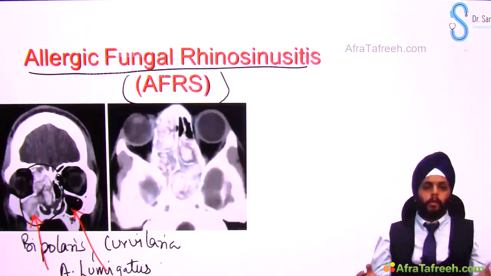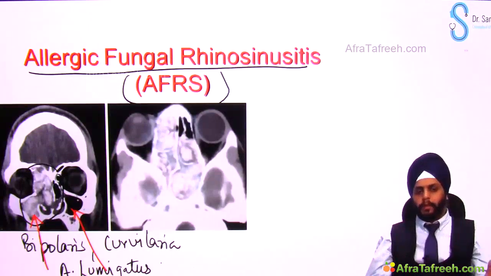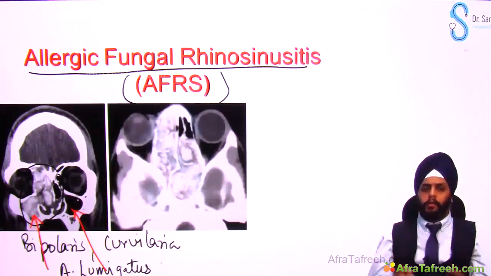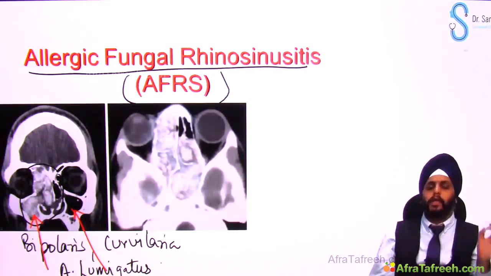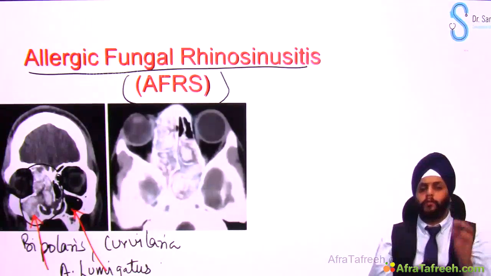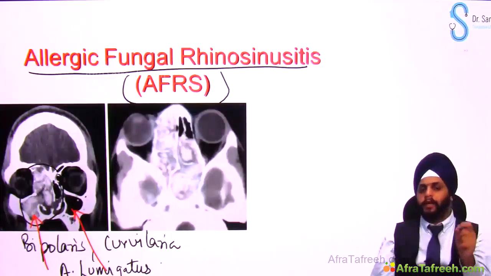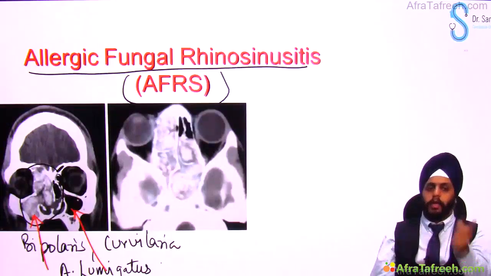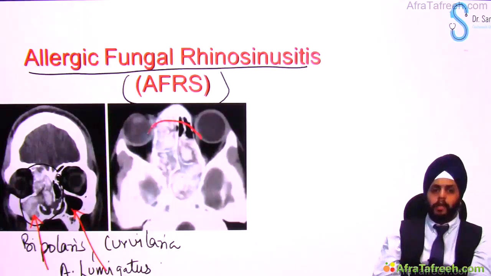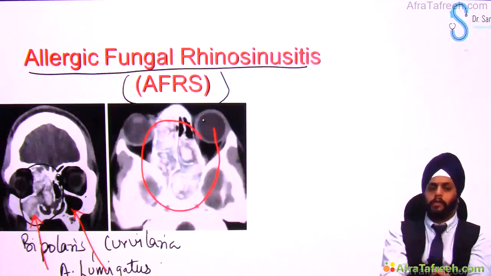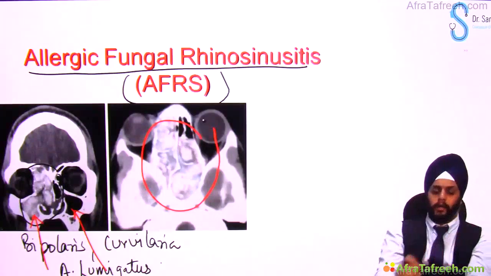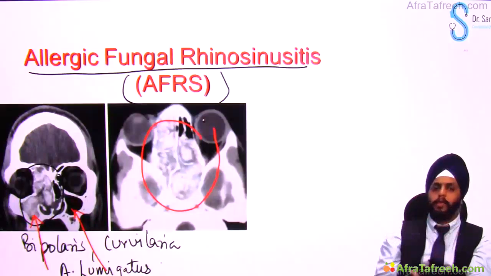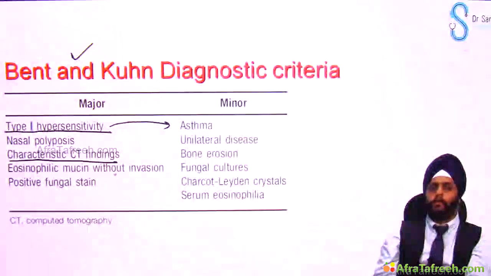The allergy is going to be on both sides, the allergic mucosa is on both sides, but generally the fungus is trapped only on one side. Generally, not always. Look at the second photograph: the fungus is on both sides. So it can be on both sides also, but generally it is unilateral. So you see, unilateral disease is a minor criteria.